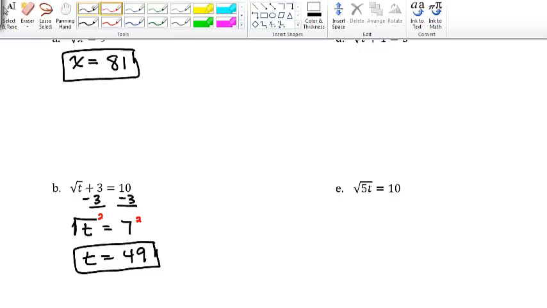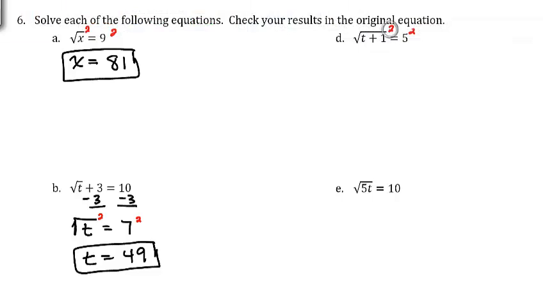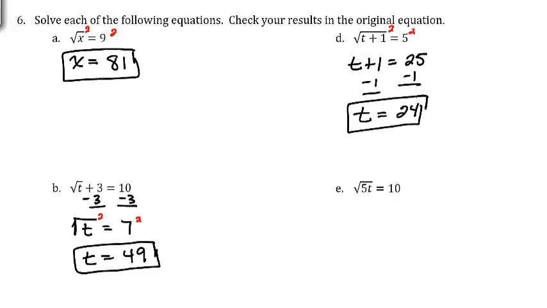The square root and the square cancel each other out, leaving us with just t plus 1. And 5 squared is 25, and then we would subtract 1 from both sides. That gives us t is equal to 24. Again, you can check your solution. 24 plus 1 is 25, and the square root of 25 is 5. And so the solution does work.